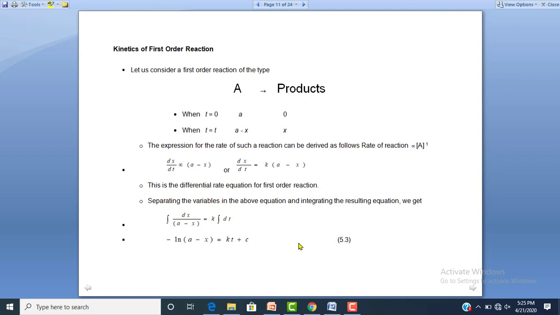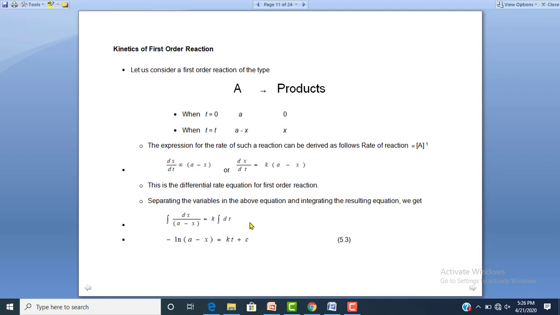According to the rule of integration, the sign of integration and dx has been replaced with negative natural log. Negative natural log has been written here by using the rule of integration.